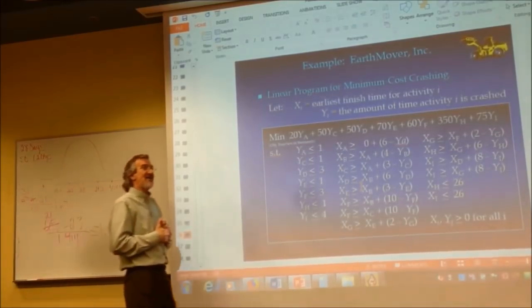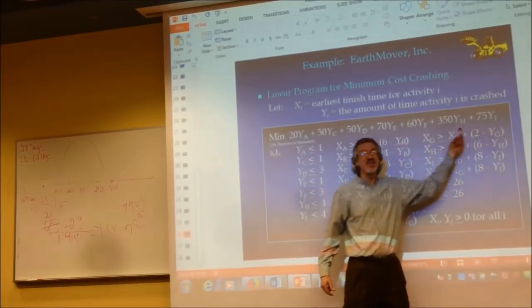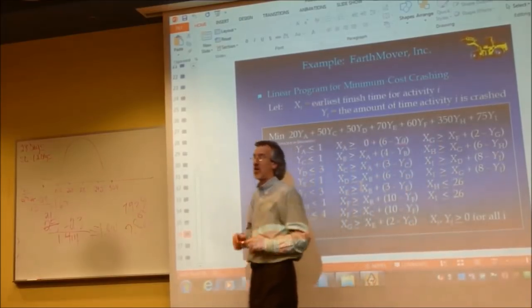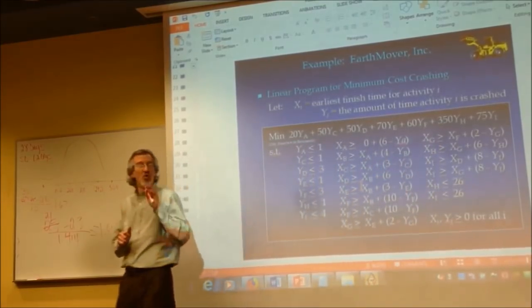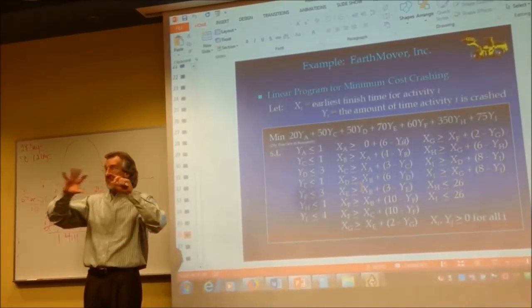The Y variables are always the ones you put in the objective function when you're crashing a project. Let me say that again. The Y variables for the activities are the ones you use in the objective function.